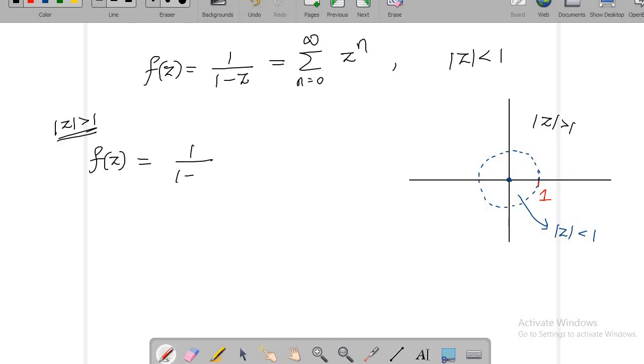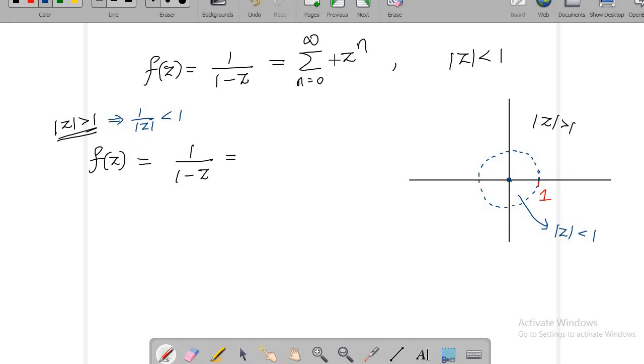The given function is 1 by 1 minus z. So when mod z is greater than 1, can I say this implies 1 divided by mod z is less than 1? If mod z is greater than 1, then its reciprocal will be less than 1.